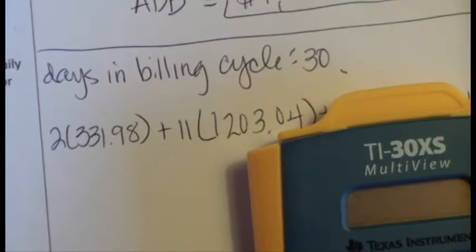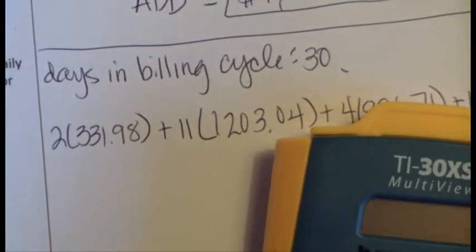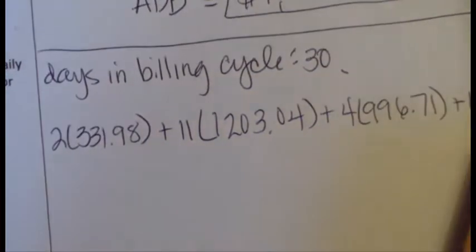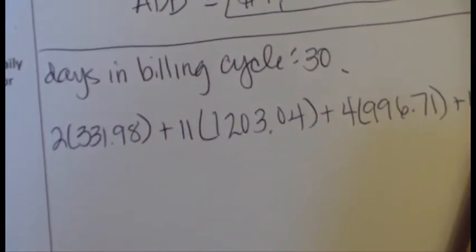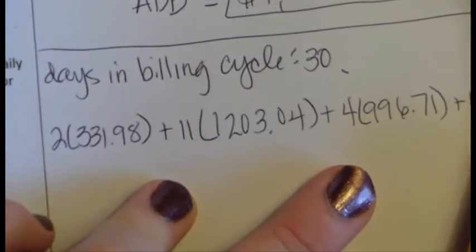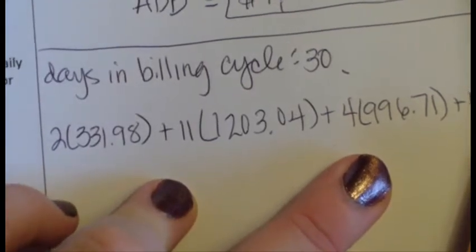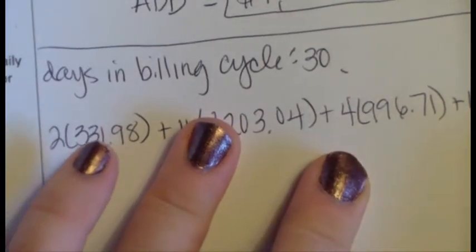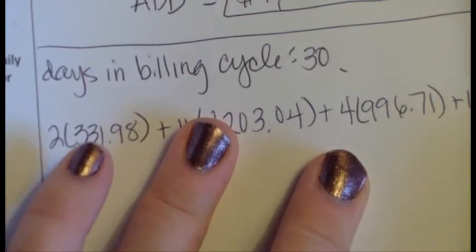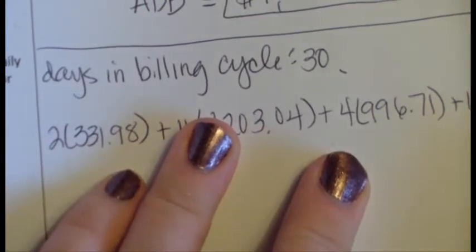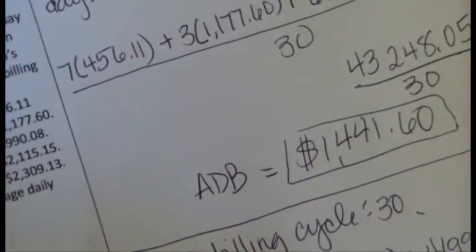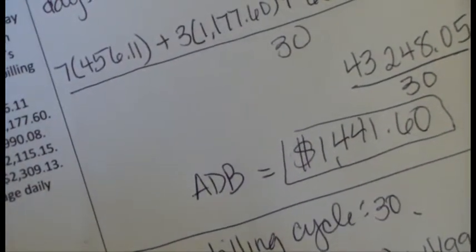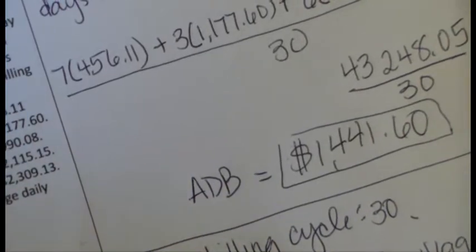All right, so we've got 2 at $331.98, plus 11 at $1,203.04, plus 4 at $996.71, and 13 at $1,002.76, and that comes out to $30,920.12.